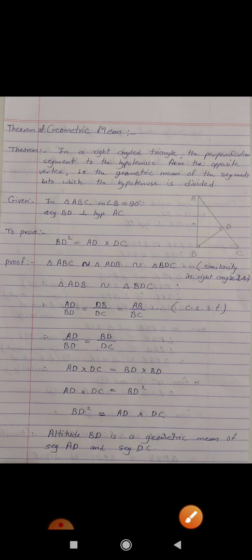Let's solve one numerical on it. Sometimes in questions the diagram may not be given, so you have to use this statement. If the angle is 90 and from this angle one segment is drawn, segment EG, which is perpendicular on the hypotenuse, then you can use this geometric mean theorem.